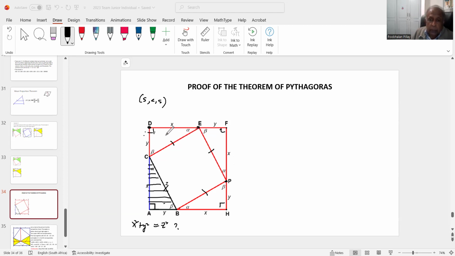But watch, alpha plus beta, if these are two angles in this triangle, is 90 degrees. But since these two triangles here are congruent, this would be beta because it's opposite x. And the one opposite x is beta there. So alpha plus beta is 90.